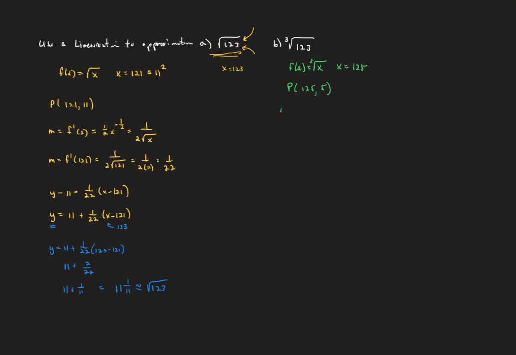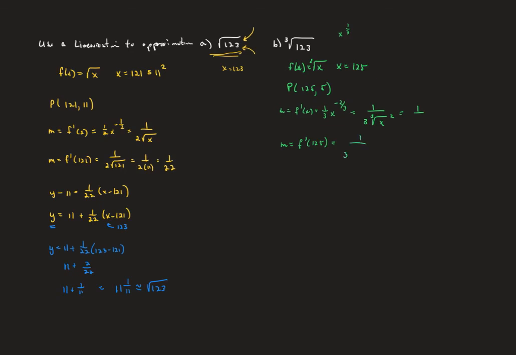Our slope for our tangent line is going to come from the derivative, and the derivative of x to the 1/3 is going to be 1/3 x to the, subtract 1 from the 1/3, and we get negative 2/3, and this might be a little easier if we think of that as 1/3 times the cube root of x squared. So when we plug in our 125, our slope is going to be f prime of 125.